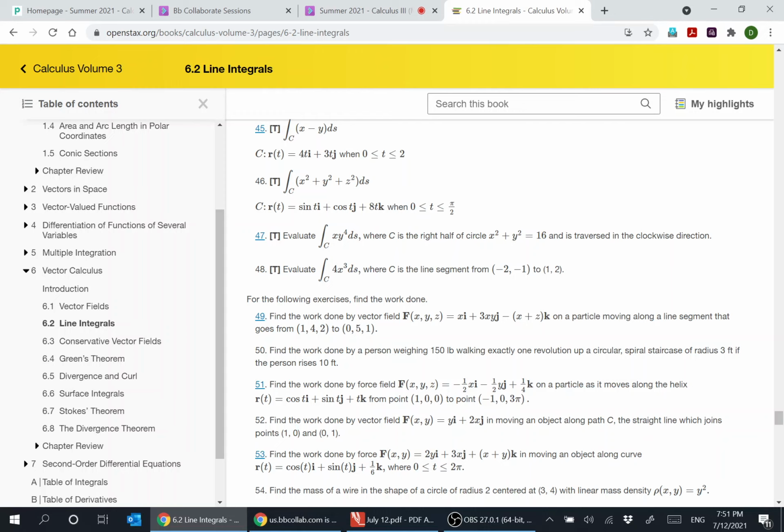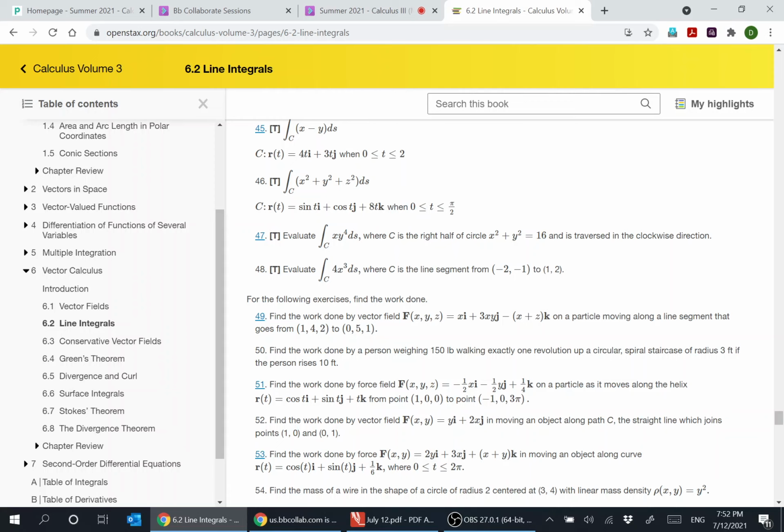For C, I didn't like that all these examples are line segments, but what are you going to do? Well, no, we had the one example that's a helix. Anyway, so 49, find the work done by the vector field x comma 3xy comma minus x minus z on a particle moving along the line segment that goes from 1,4,2 to 0,5,1.